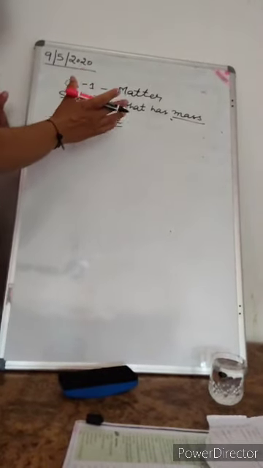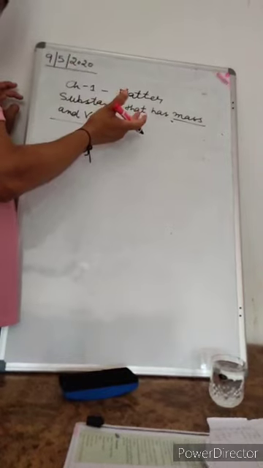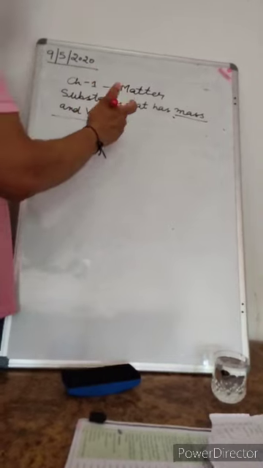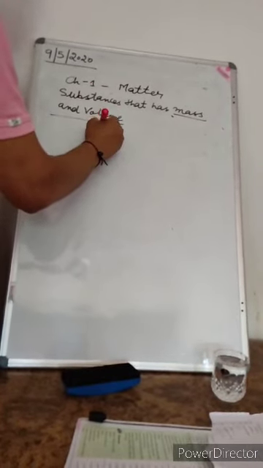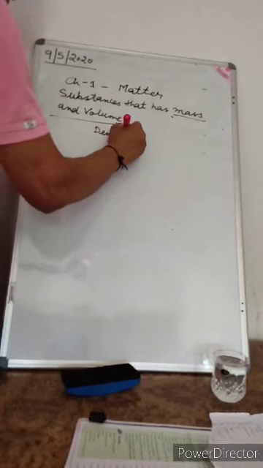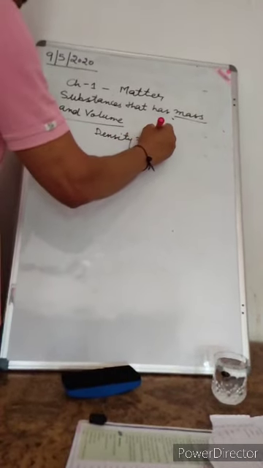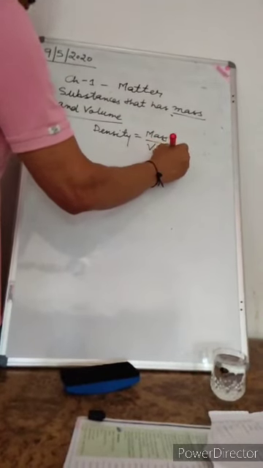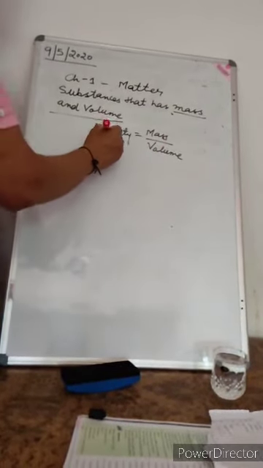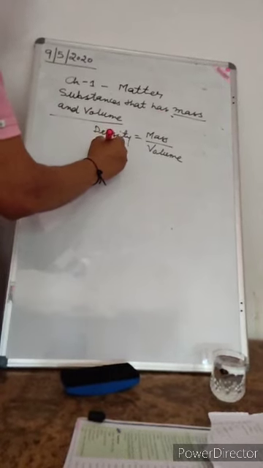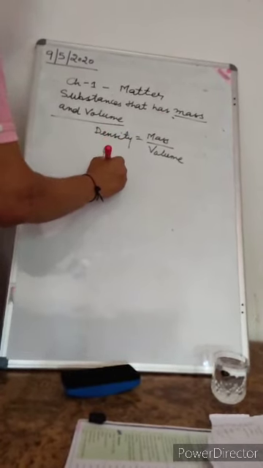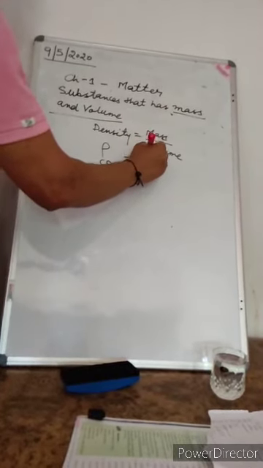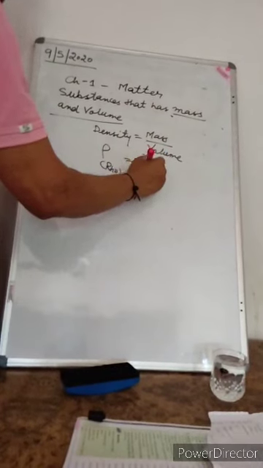So by knowing the mass and volume of the matter, we can calculate the density of the substances, like density is equal to mass per unit volume. In physics, density is represented with the Greek letter rho, and mass is represented with letter m and volume v.